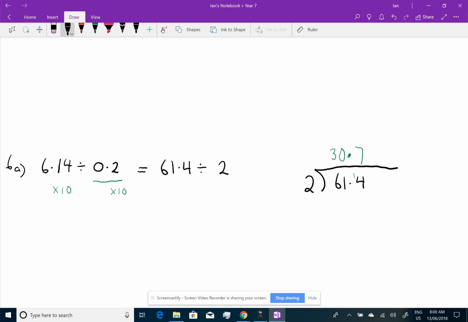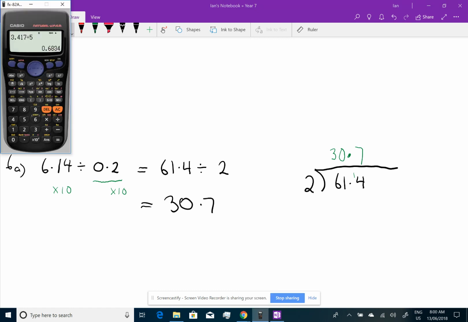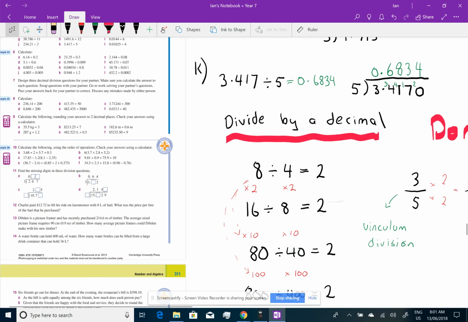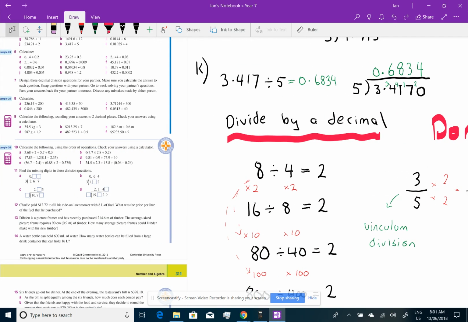So I believe my answer is 30.7. Quickly go to my calculator. 6.14 divided by 0.2. 30.7. Oh, so this is easy. I don't even have to worry about dividing by decimals. I just make sure that what I'm dividing by is a whole number.